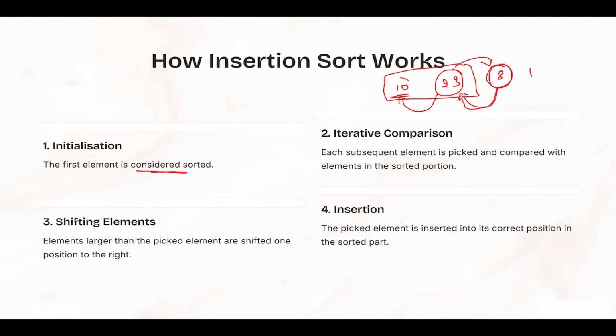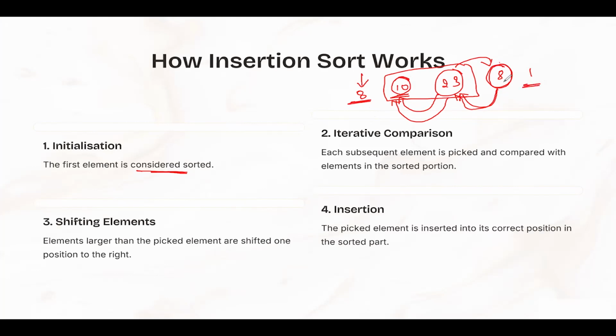I am going to move this 8, but I do not know that this is the correct position. Maybe the next element is also greater, which is why I'm going to check the next element. And as you can see, 10 is also greater. The next time I check, there is no more element, which means this is the appropriate place for 8. Hence, I'm going to place 8 over here by pushing these two elements to the other side.